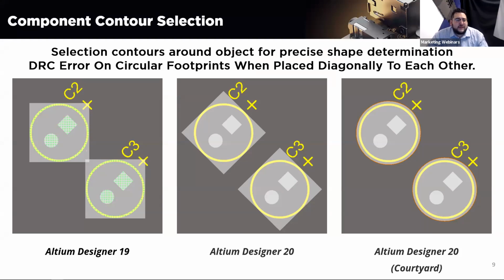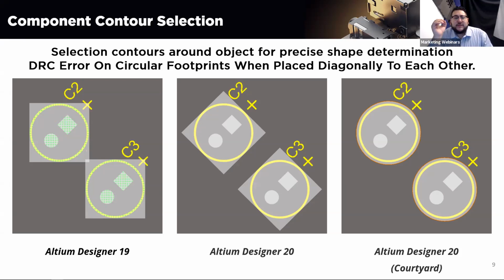So this is another unique situation that a lot of people run across. When you have a component with a unique footprint, once again, the courtyard comes into play here. In Altium Designer 19, the courtyard boundary of these two components when selected would create a DRC error, right? Because they would, in theory, be touching.